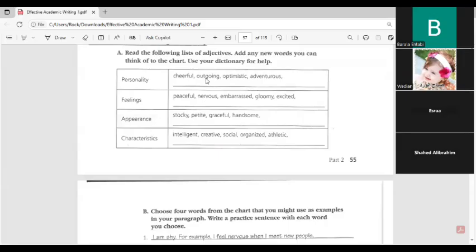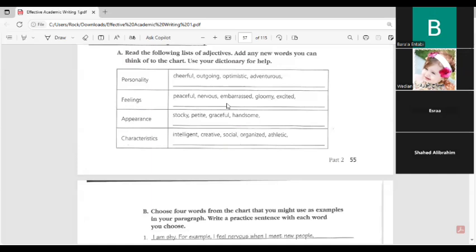For example, if I'm talking about outgoing, I am outgoing, without an. If I need to add a noun after it, I say an outgoing person. But if I use it by itself without a noun after it, I don't need an, because this is an adjective.